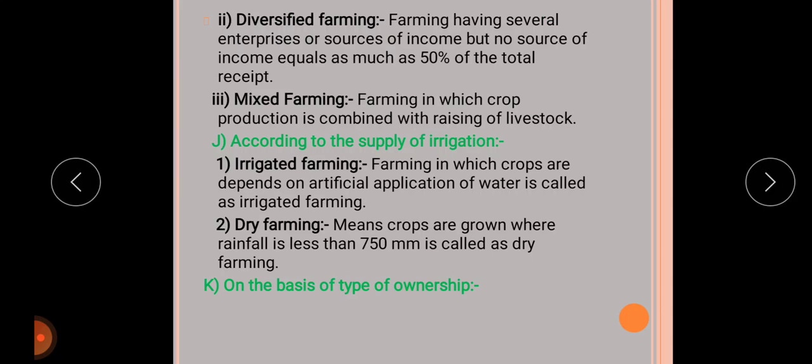Then there are also capitalistic farming, state farming, personal farming, collective farming and cooperative farming. These are some of the distinct types on the basis of ownership. These farming systems can also occur in our India.